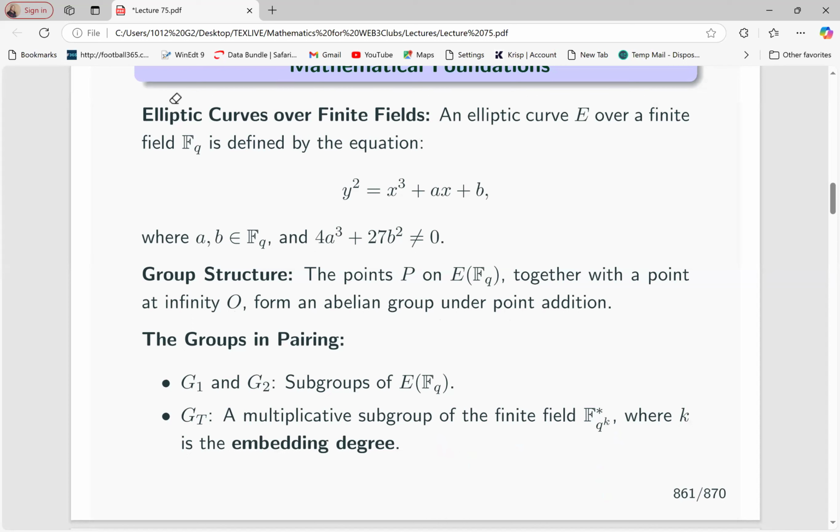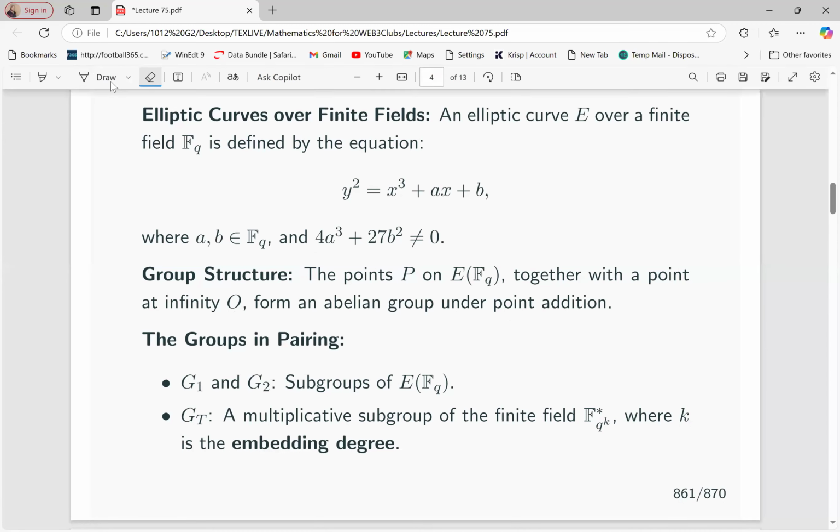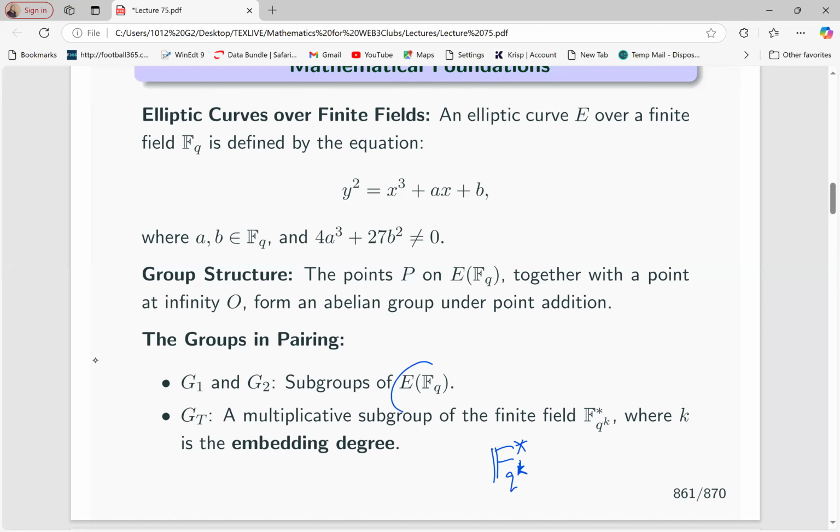Now I'm interested in K. This K can be 1, can be 2, can be 3. If K is 1, then we just come back here, but now without a zero.